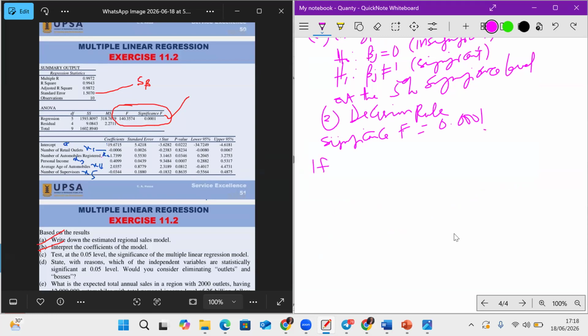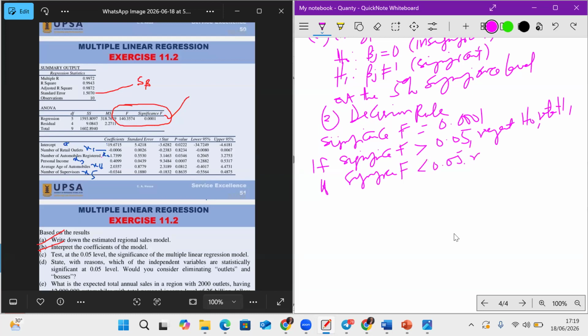We'll say if the significance F, which is up there, is more than the significance level, which is 0.05, reject H1, retain H0.